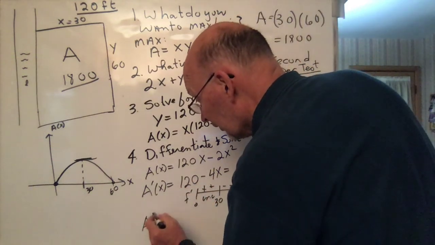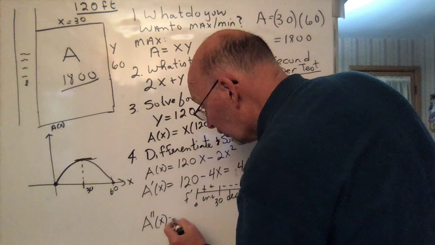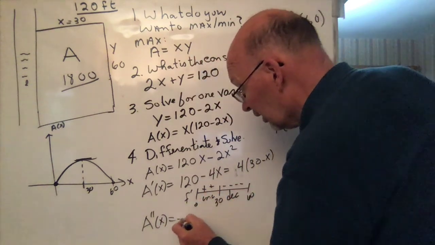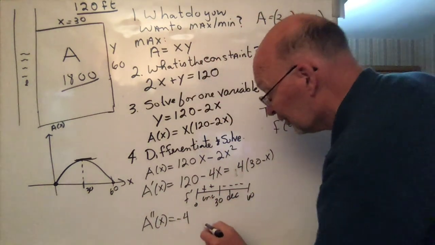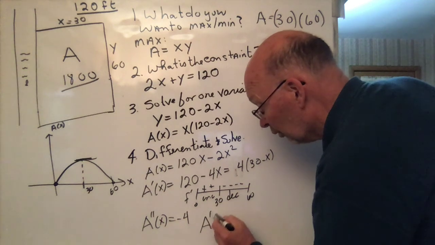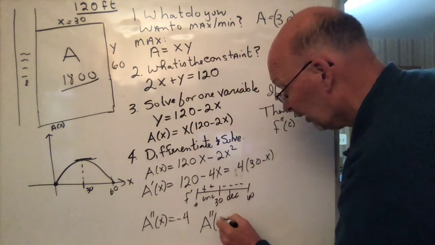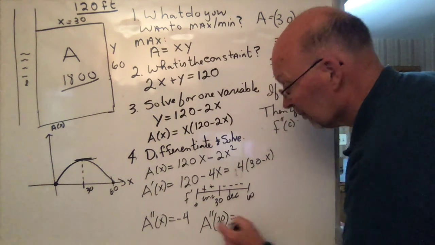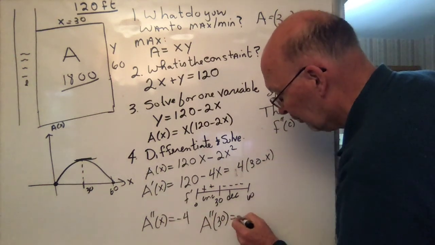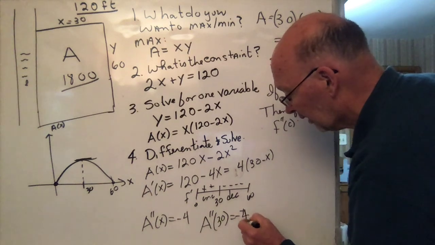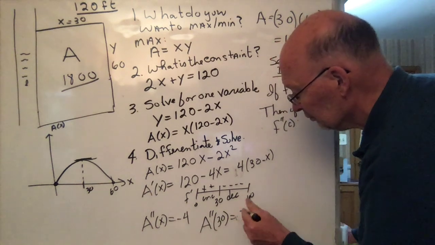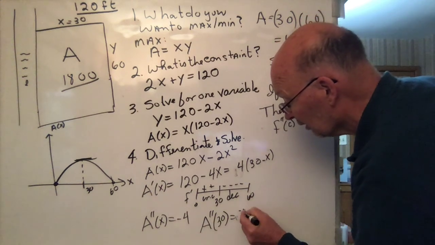What's the second derivative? Second derivative is going to be what? -4. So in particular, if you threw the value 30 in here, that's the critical point. No matter what you throw in there, it's going to be -4.